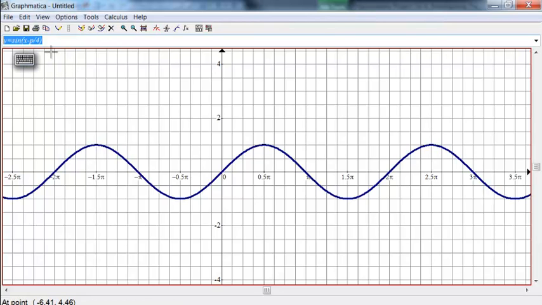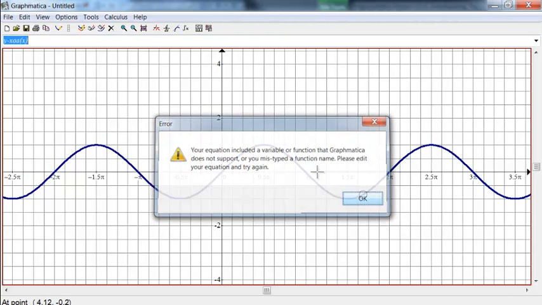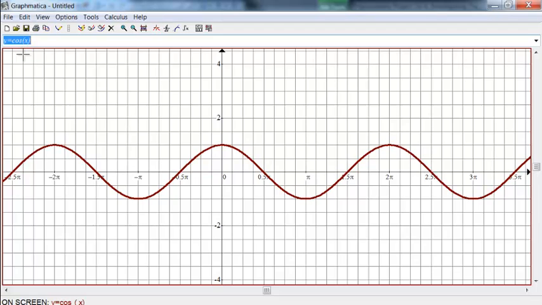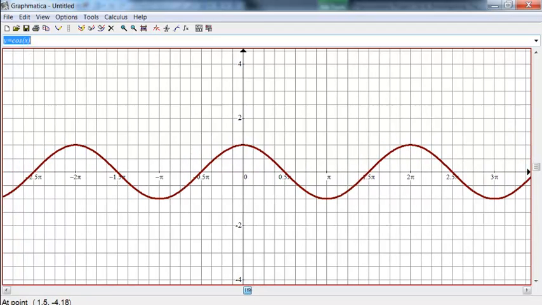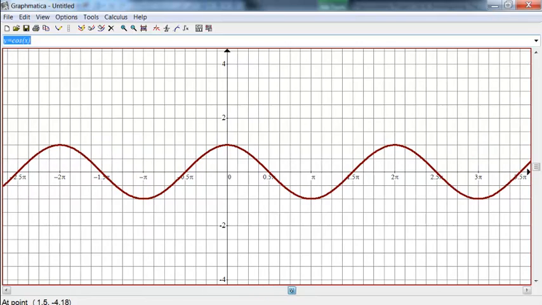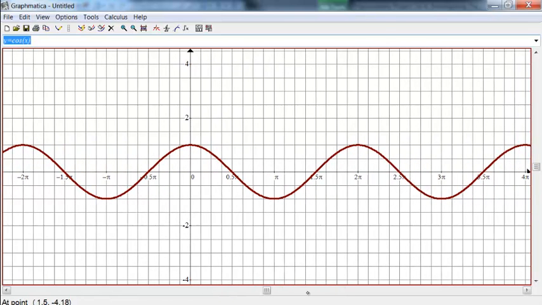Okay, the next one here, if I clear everything out and start with y equals cosine of x, spell it right. Okay, there's y equals cosine of x. And okay, that's a little over 2 periods in the positive part and a little over 1 period in the negative part there.